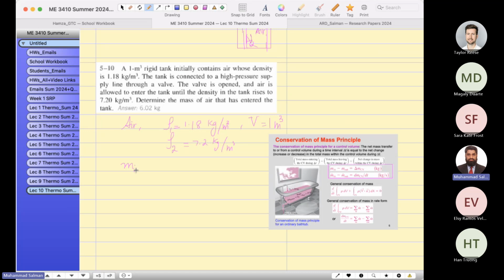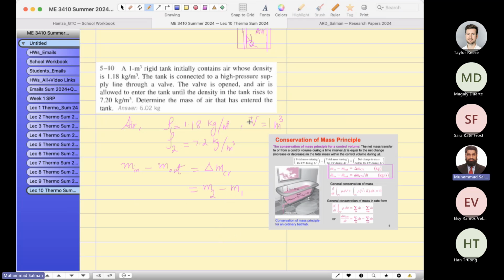The mass going in minus mass coming out equals the change in the mass of the control volume, correct? Or of the system. And change in mass is final minus initial.